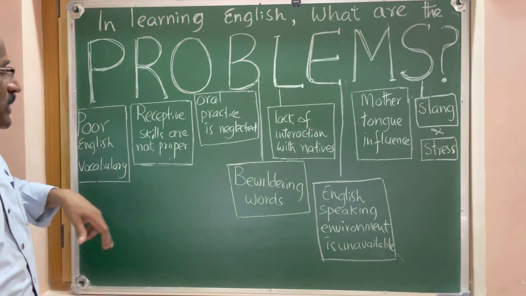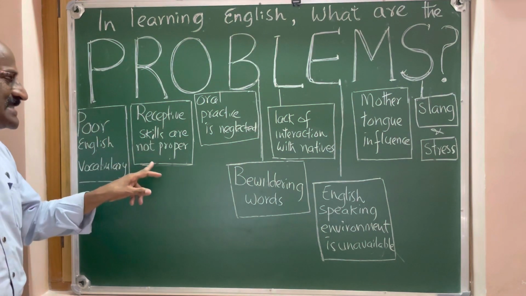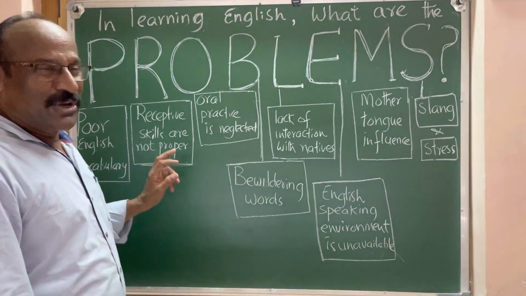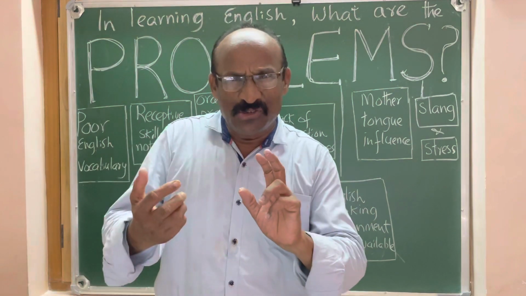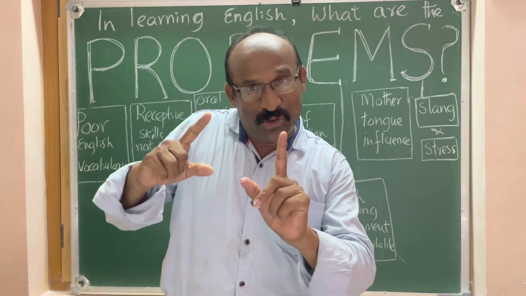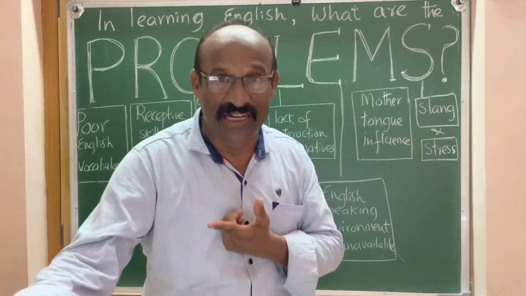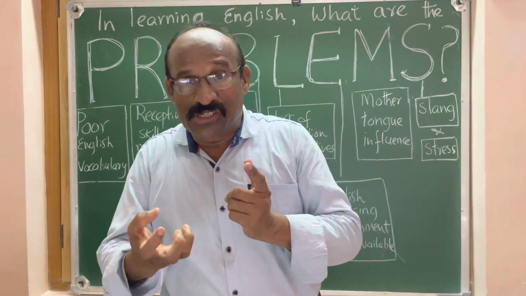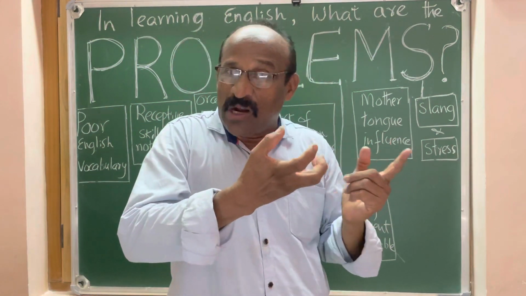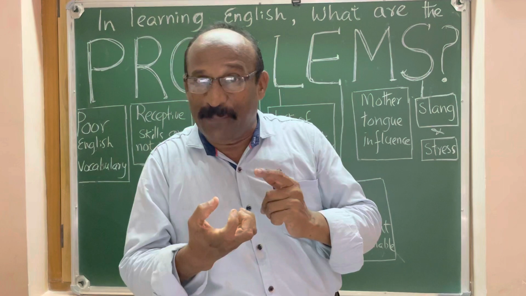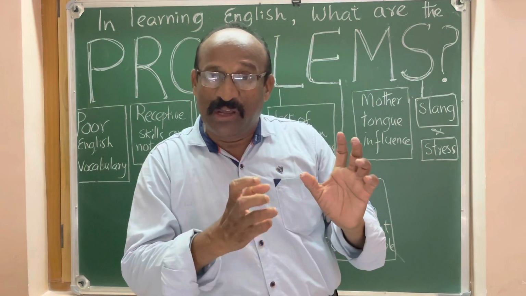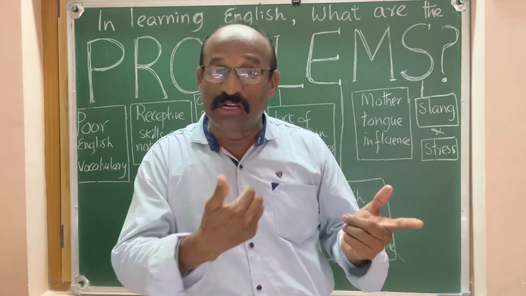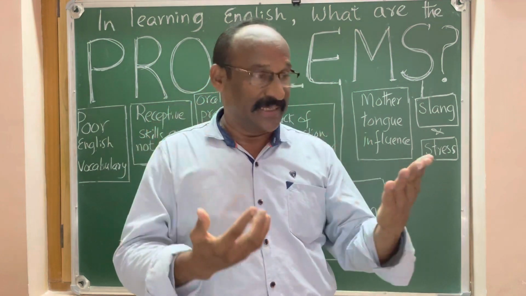The second problem is that receptive skills are not proper. If you want to speak and write, speaking and writing are the productive skills. When you don't receive in a proper way, you can't produce. Receptive skills are listening and reading.